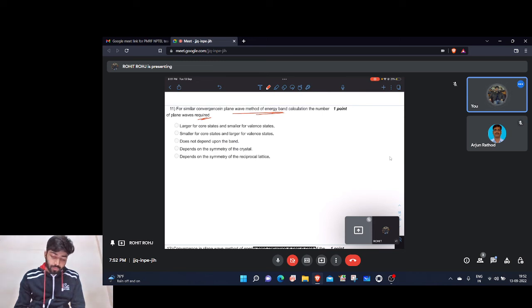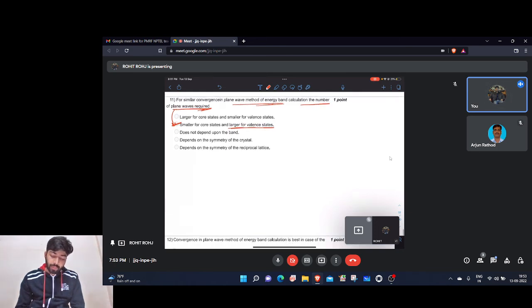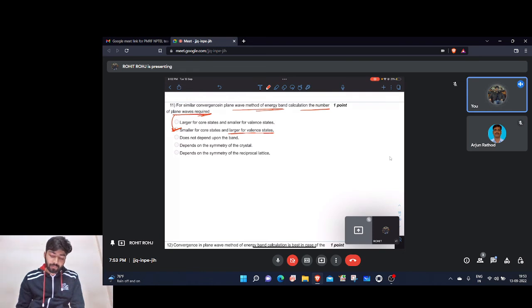So we have smaller convergence for core states and larger for valence states. The number of plane waves required is smaller for core states and larger for valence states. Now in this particular question it is a bit difficult to provide an argument, but I cannot provide more information right now, so we have to stay with this particular scenario.